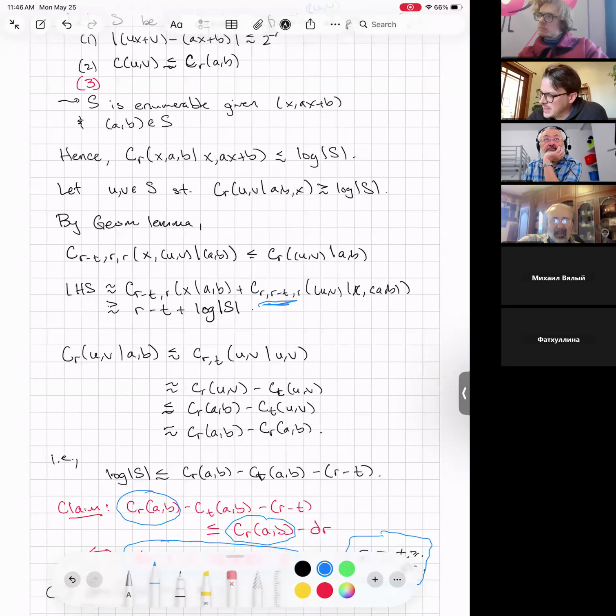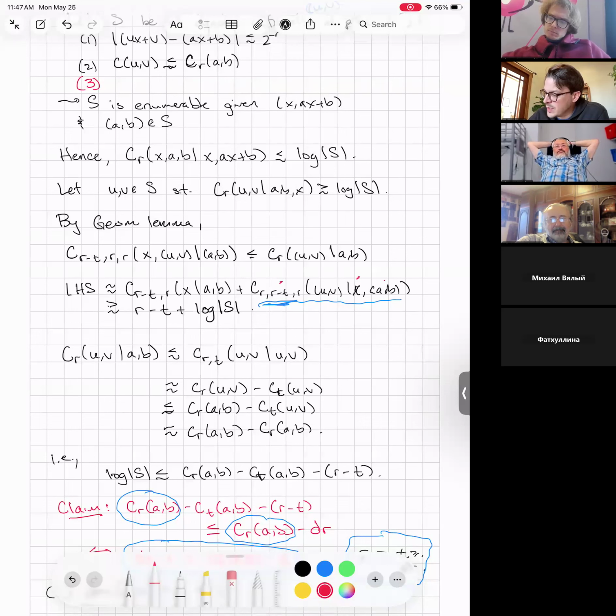I'm saying this line here is the complexity of UV to precision R. So the amount of information needed to get the first R bits of UV, knowing the first R minus T bits of X. So that's the R minus T. And knowing the first R bits of AB.